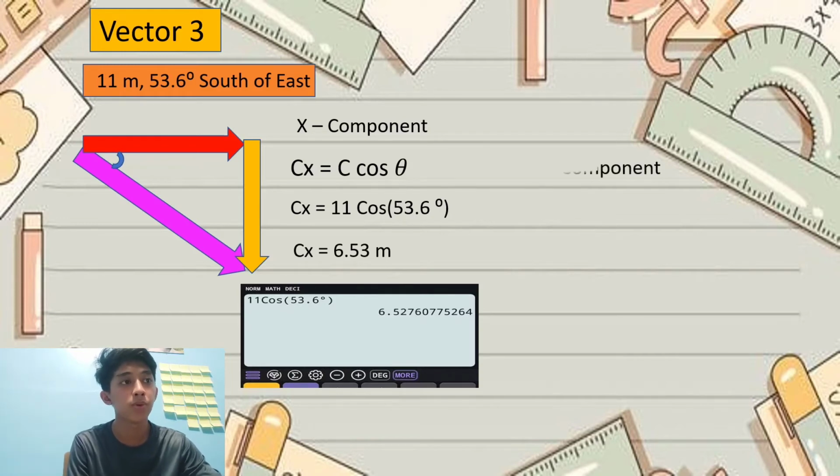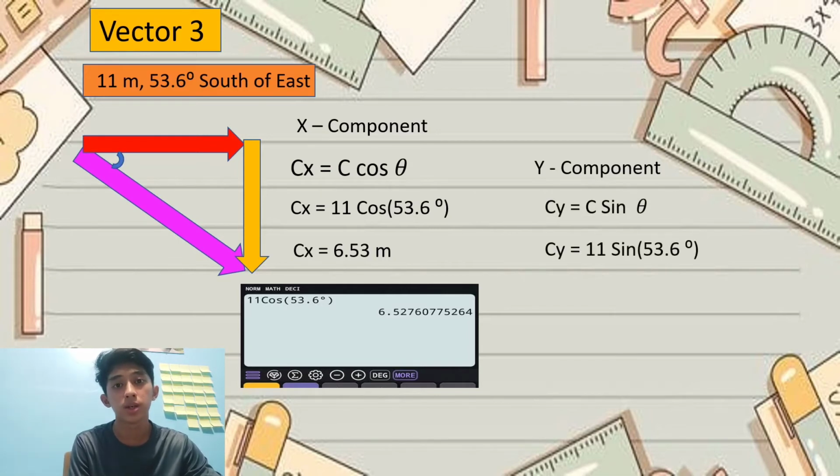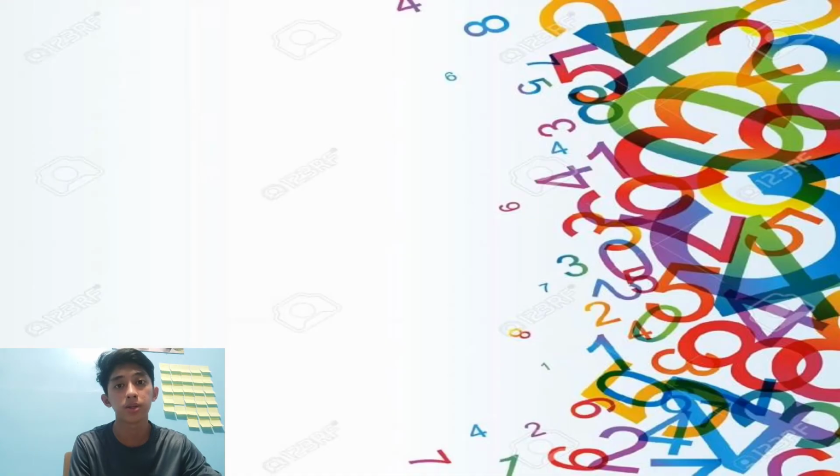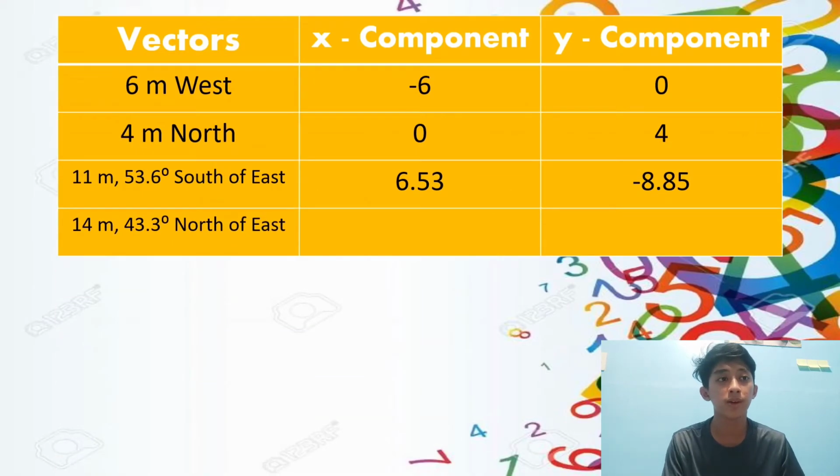Then proceed to the y component with the formula cy is equals to c sine theta. Then substitute cy is equals to 11 sine 53.6 degrees. So our y component is 8.85 meters. So the x component of the third vector is 6.53 meters and the y component is negative 8.85 meters.